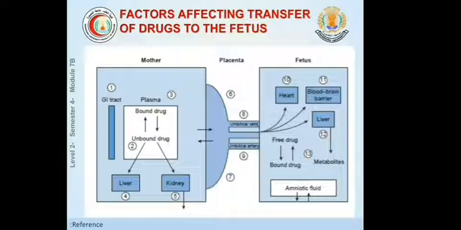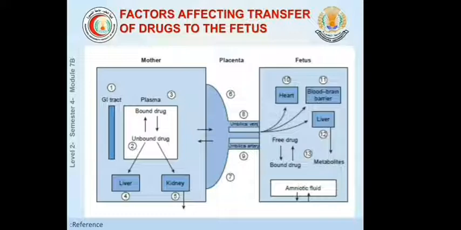Number 1 is altered maternal absorption. Number 2 is, as we have said, increased maternal free drug fraction, or maternal unbound drug fraction.